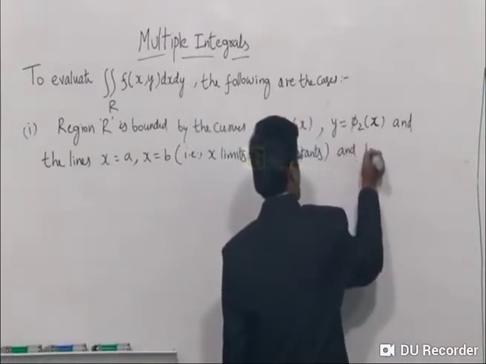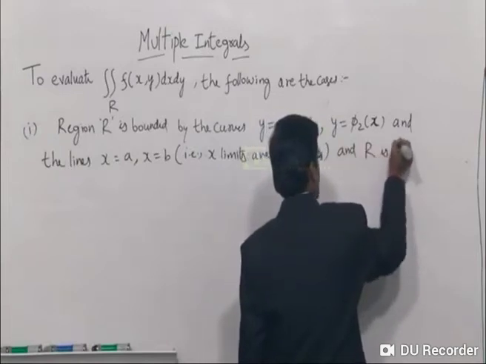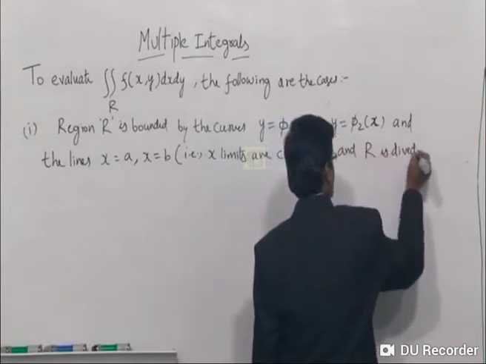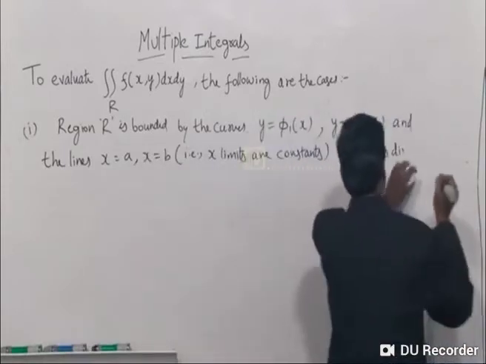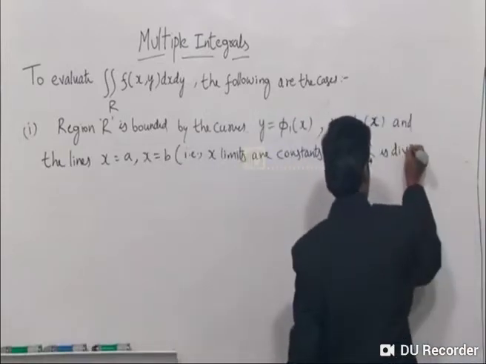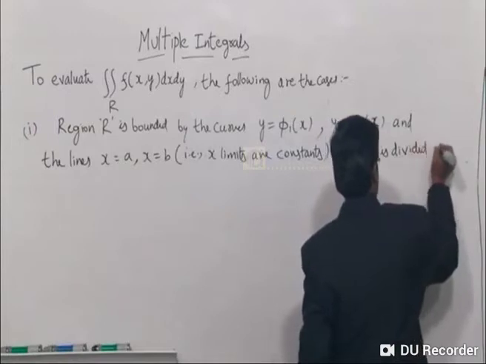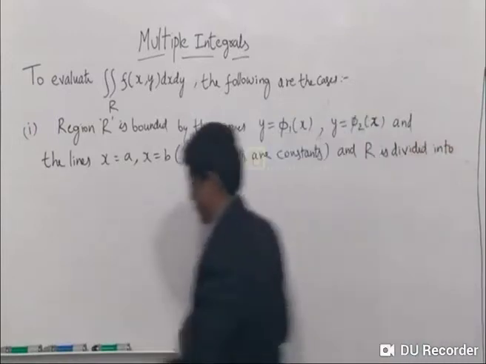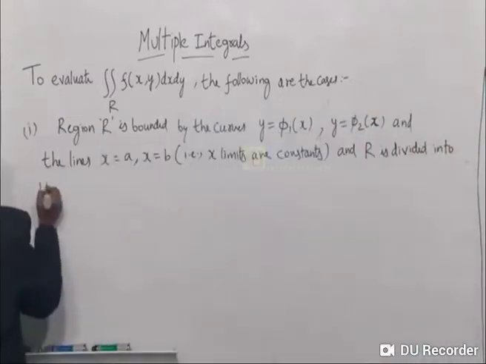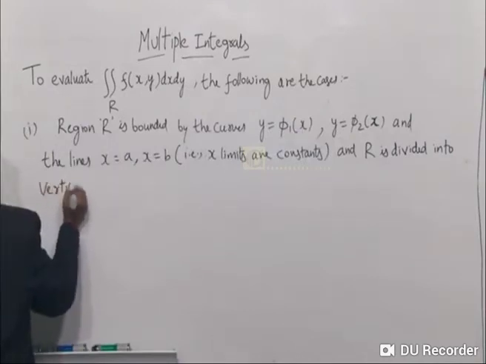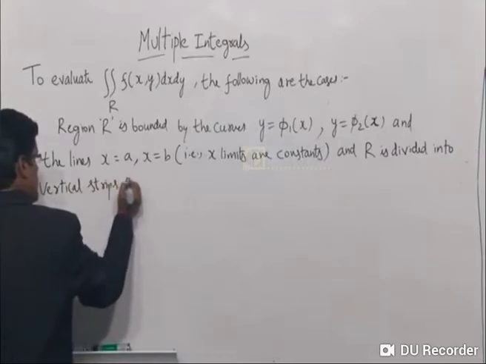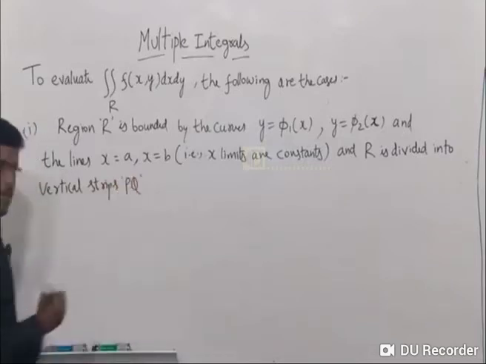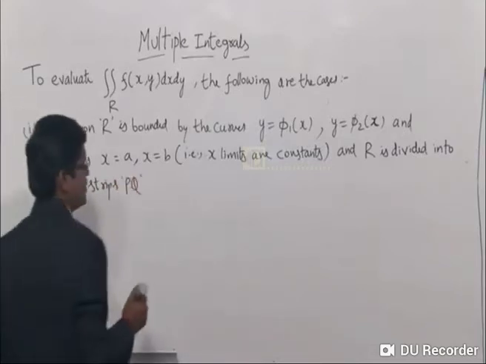And R is divided into vertical strips, denoted by PQ, vertical strips PQ.